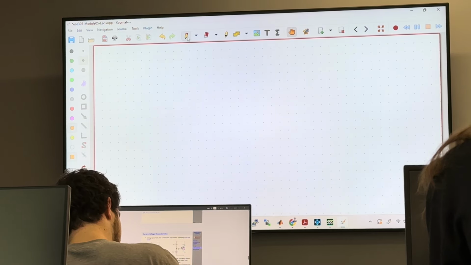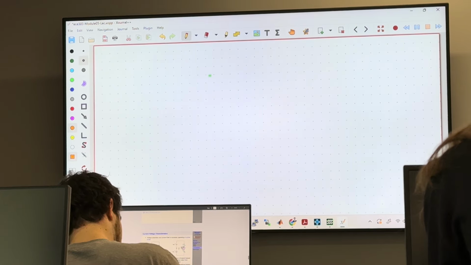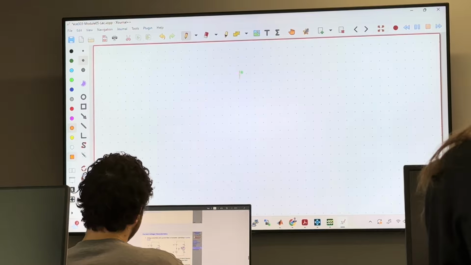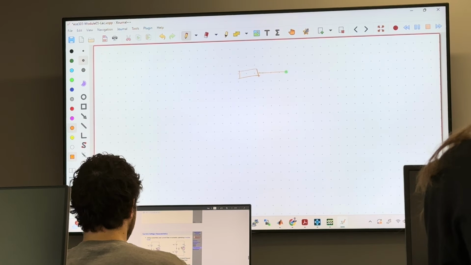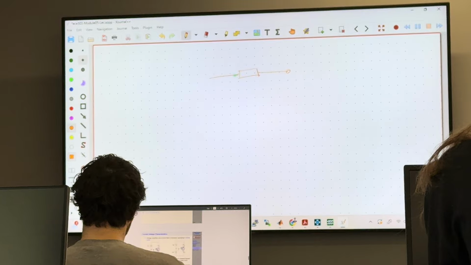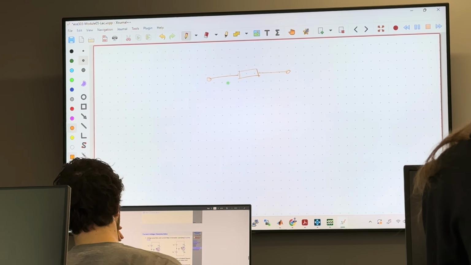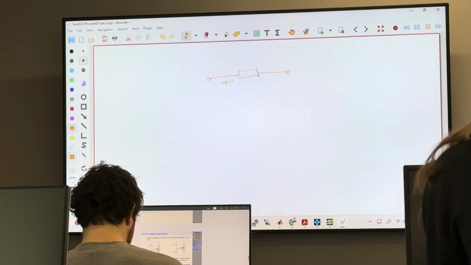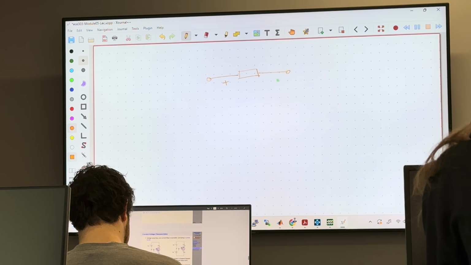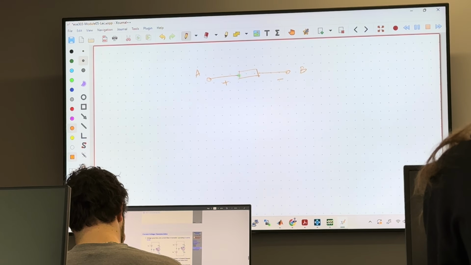Very, very basic. Again, a simple electrical element here, and it has two terminals. Let's say one terminal has polarity positive, negative, and this is terminal A, this is terminal B. It's a two-terminal device.